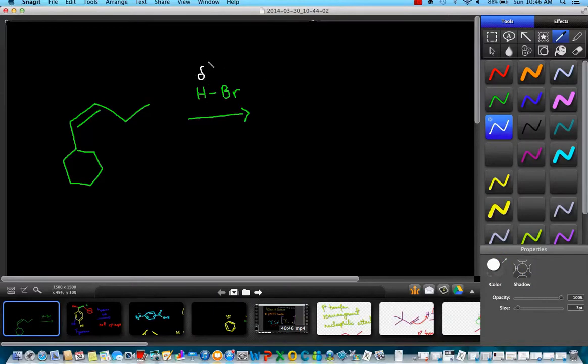Bromine is more electronegative than hydrogen, and so bromine will have a partial negative charge. Hydrogen will have a partial positive charge. This means that the hydrogen is the best electrophile.